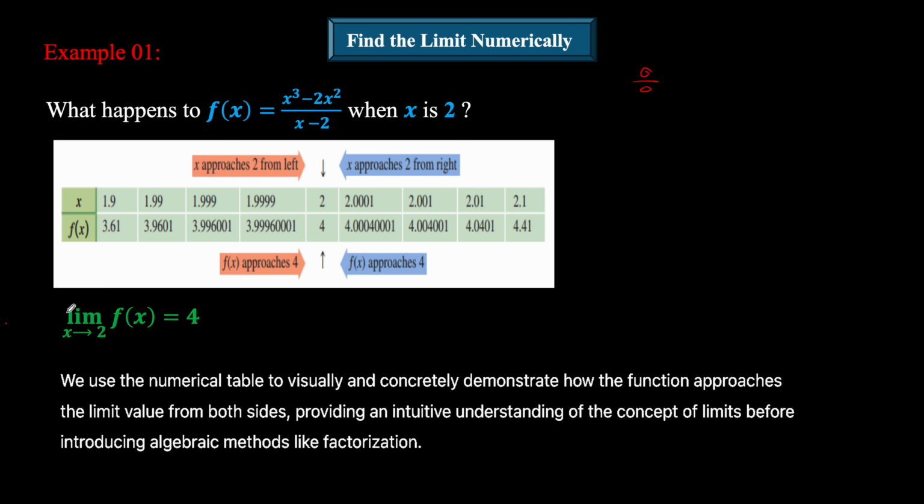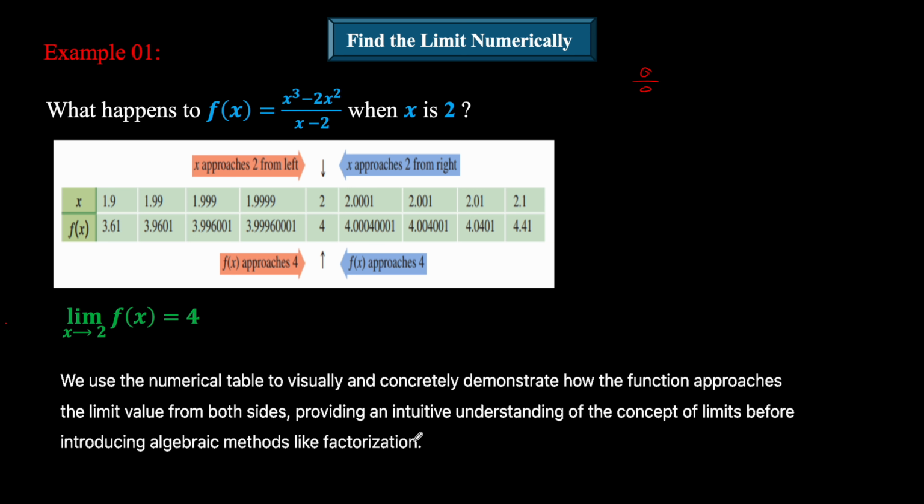And finally, we saw that the limit as x approaches 2 of f of x is equal to 4. So this is important. We use the numerical table to visually and correctly demonstrate how the function approaches the limit value from both sides, left and right, providing an intuitive understanding of the concept of limit before introducing algebraic methods like factorization.